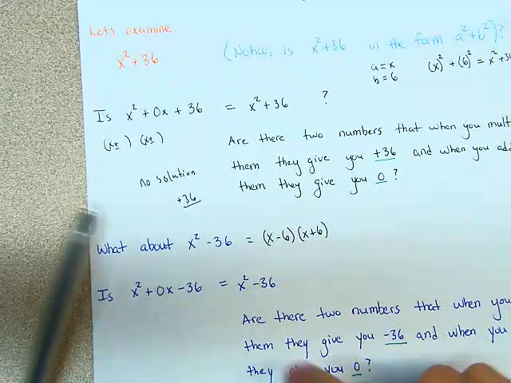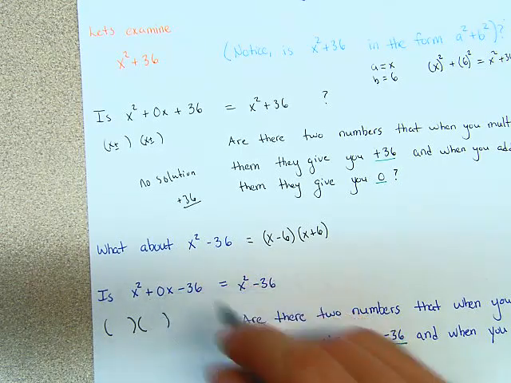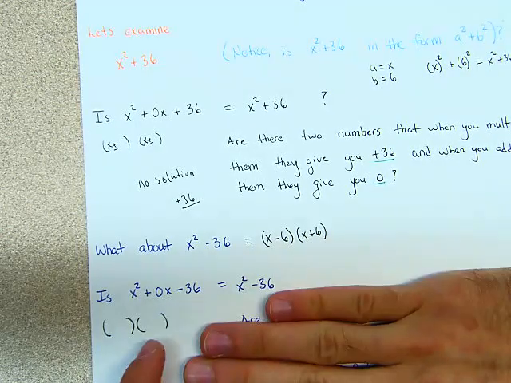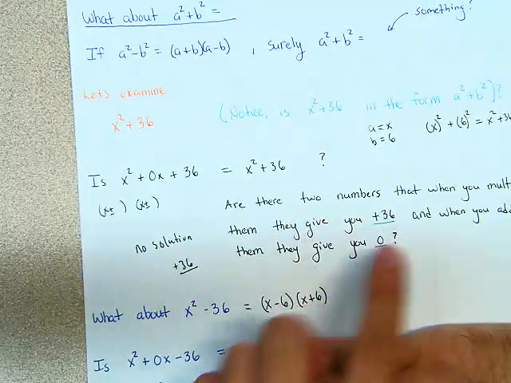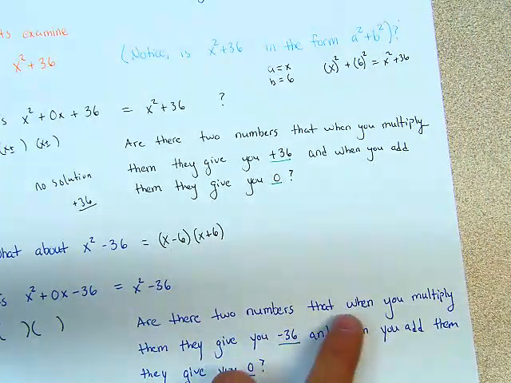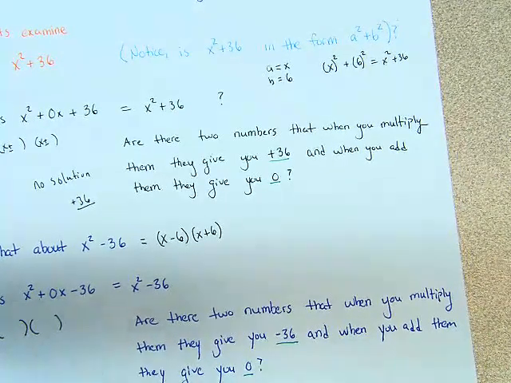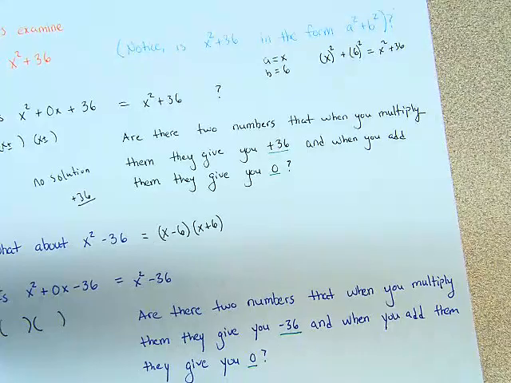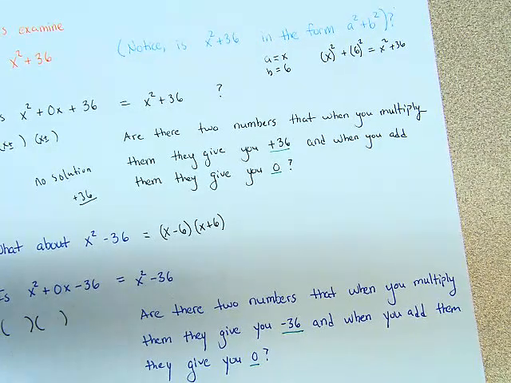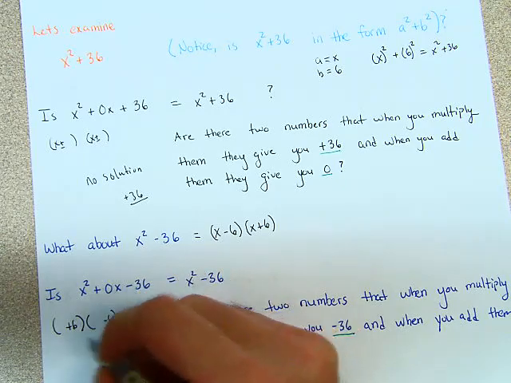And now what do we say? Are there two numbers that, using the same mantra up here, when you multiply them, give you negative 36, and when you add them, give you 0? Absolutely. You have a plus 6 and a minus 6.